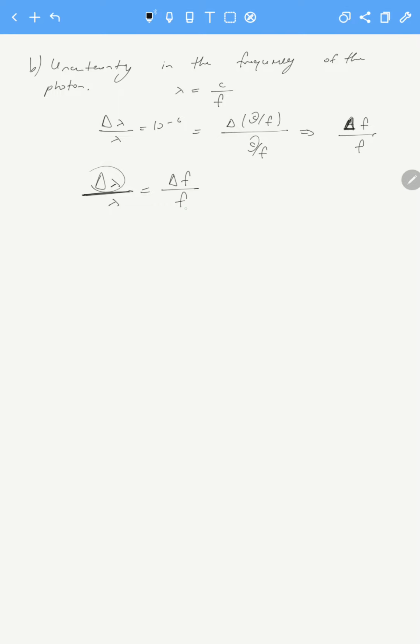So then we just write it like this. We are asked to find this. We know that the wavelength was actually given in nanometers.